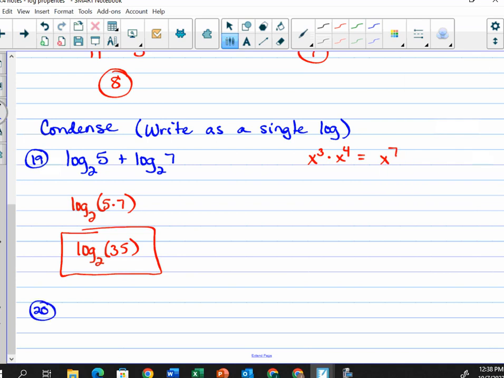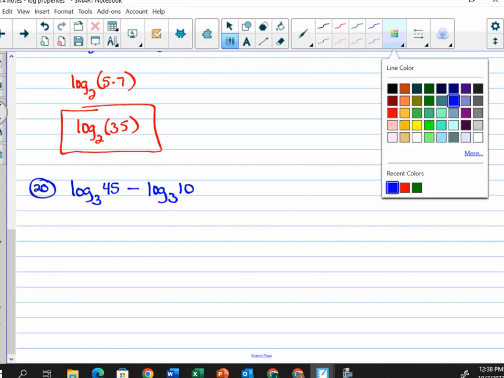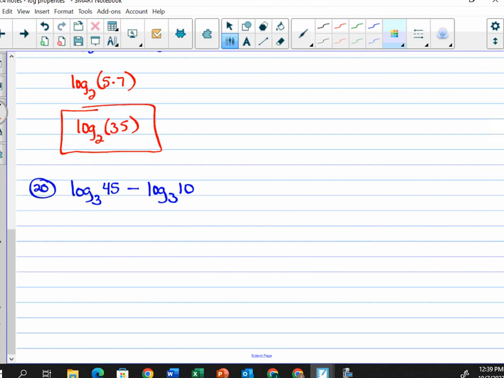Let's try another one. Let's do log base 3 of 45 minus log base 3 of 10. Okay, addition, connected it to your exponent rules.